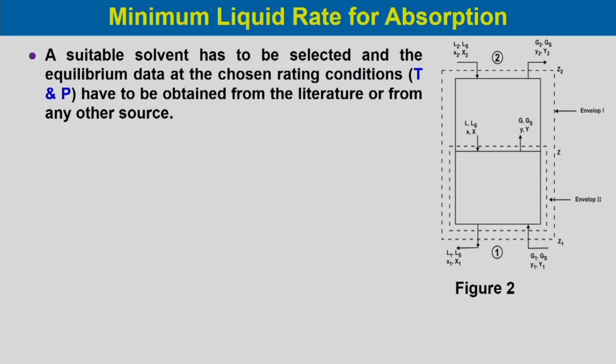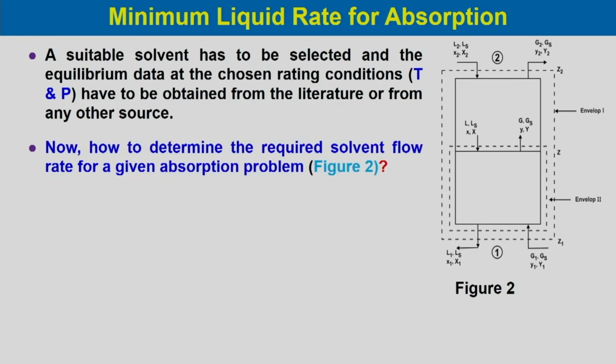Once these are in place, how do we determine the required solvent flow rate for a given absorption problem? For the figure shown over here, we have to find out how to calculate the minimum solvent rate for a given absorption problem.